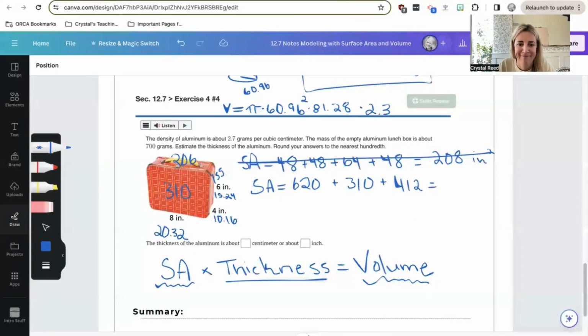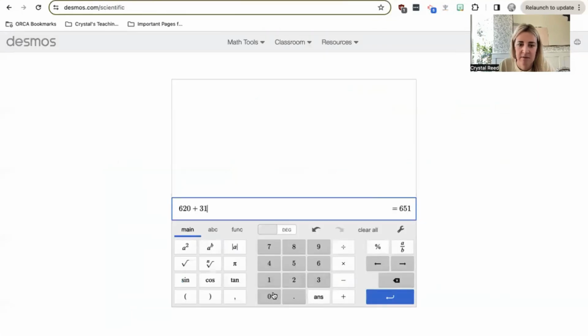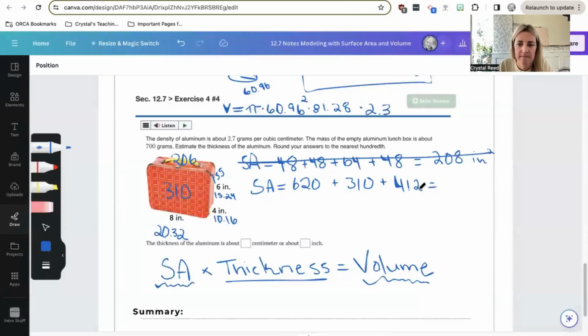Forgot it already. 310 and 412. And 342. Centimeters squared.